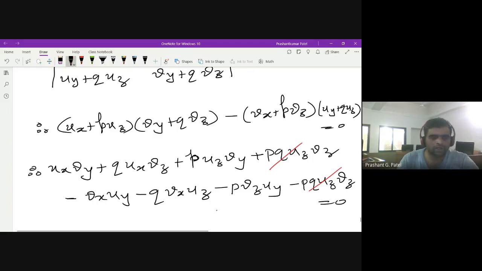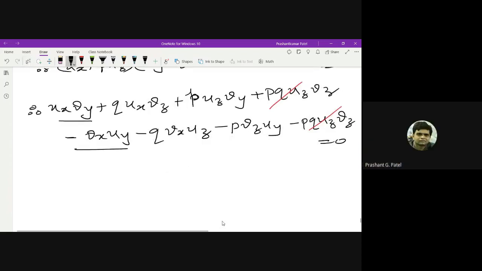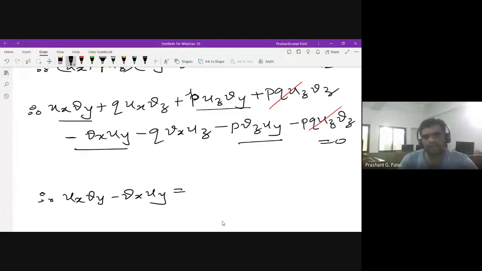What is the quantity left? We'll take these two quantities on this side, that is ux vy minus vx uy, and from these two we will common out p and take it on the other side. So that's why it is small p into vz uy minus uz vy.